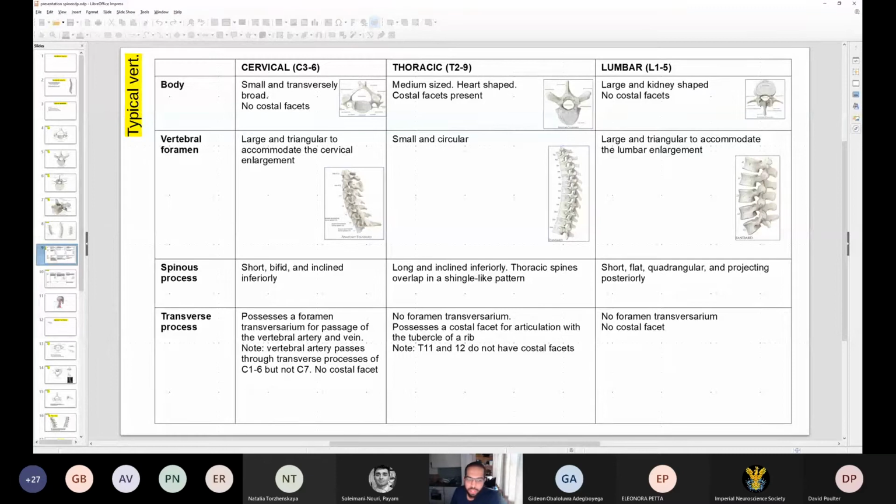So the transverse processes. We said one of the most important features in the cervical region is that the vertebrae there have openings in the transverse processes. These allow for the passage of a very important vessel, the vertebral artery and vertebral veins. They are very important because they supply the brain and the posterior circulation.